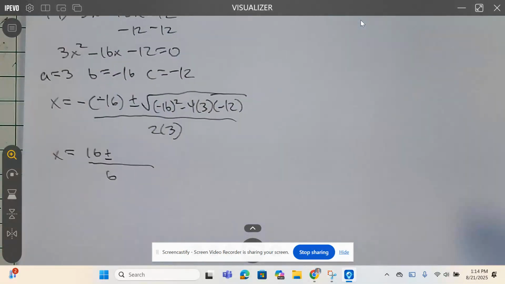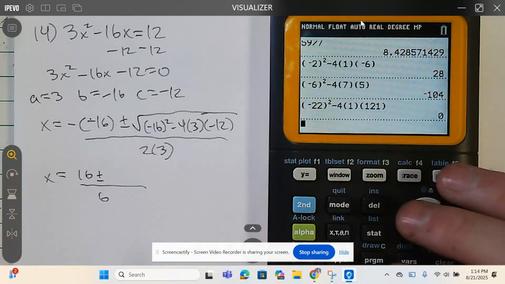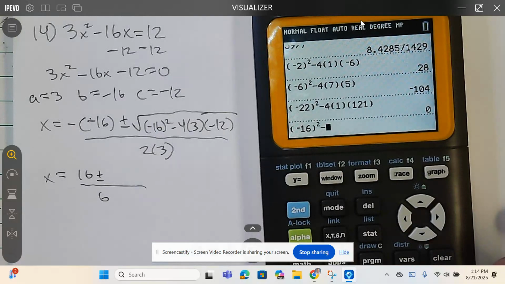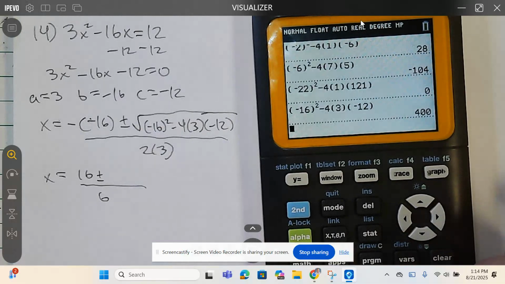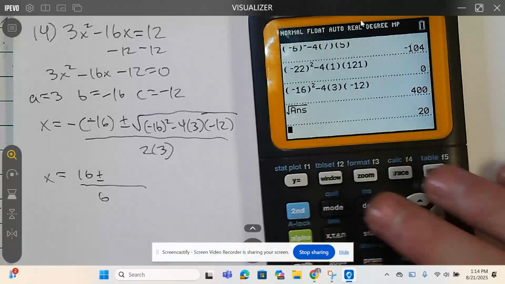Negative 16 squared minus 4 times... Don't type the square root in, just do what's underneath the square root. So it's 400. That's going to be a perfect square. So this is going to be 20.